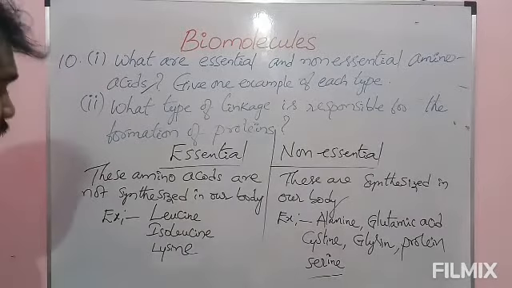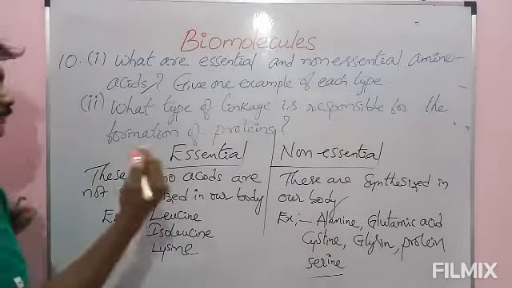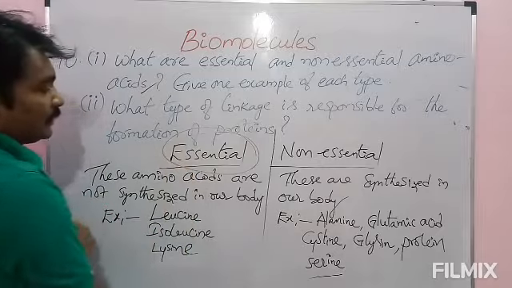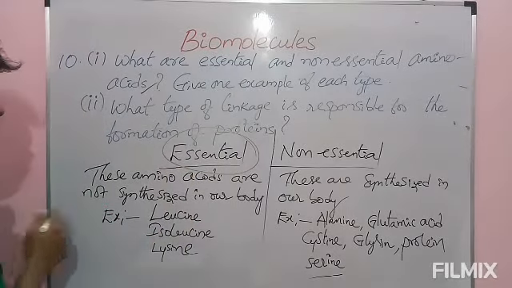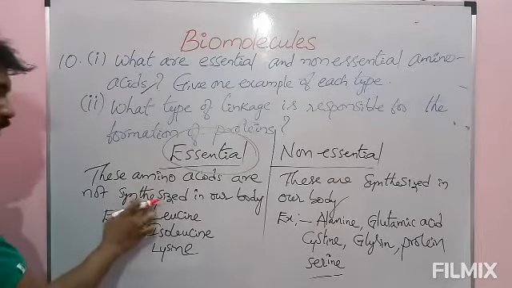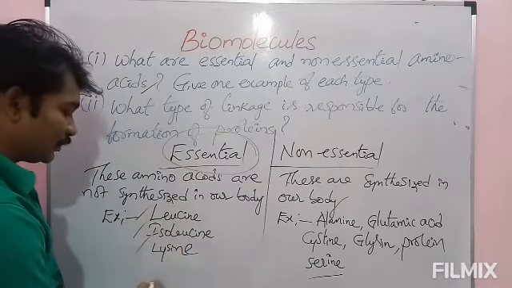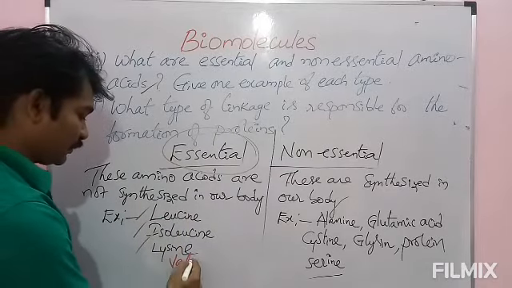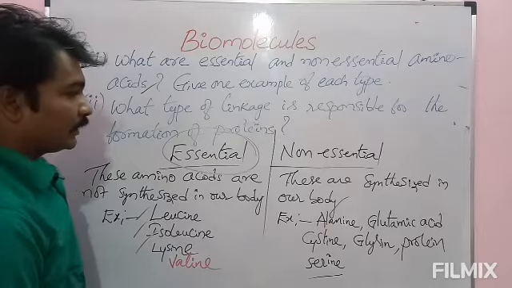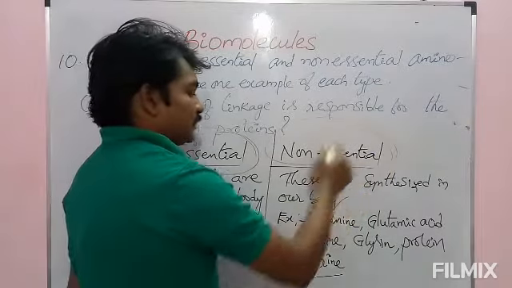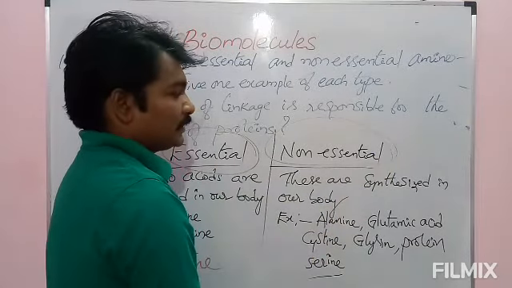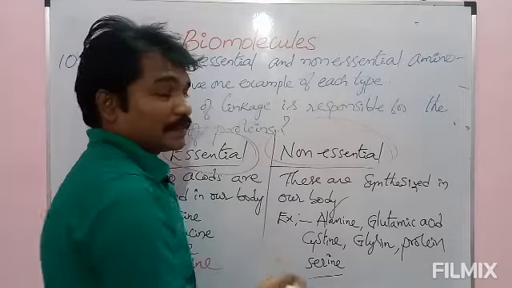Okay, once you check these things, essential amino acids are amino acids which are not synthesized in our body. Example, leucine, isoleucine, lysine. You can take valine also. And non-essential amino acids are amino acids synthesized in our body.